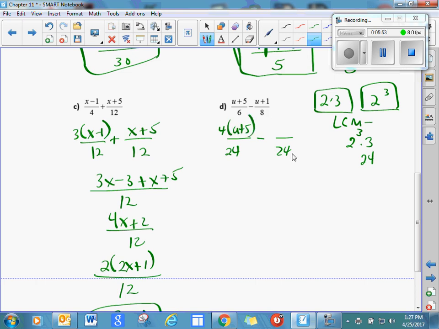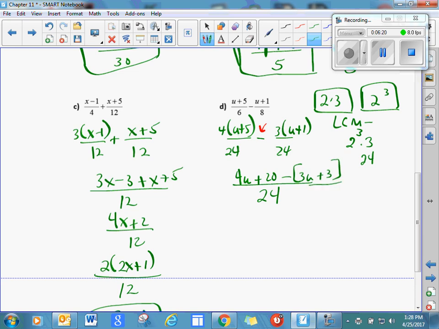8 times 3 is 24, so 3 times (u plus 1). I'm noticing this negative sign right here, so this is going to remind me that I've got some distribution when I get to that piece. Single fraction bar, 4 times u is 4u, 4 times 5 is 20, and then minus, and then this is 3u plus 3.